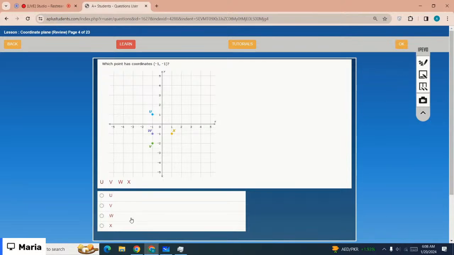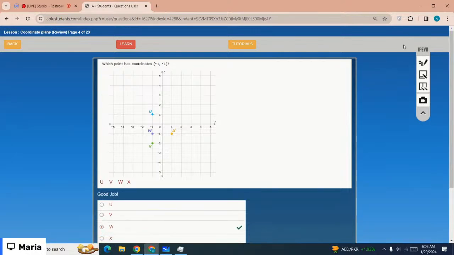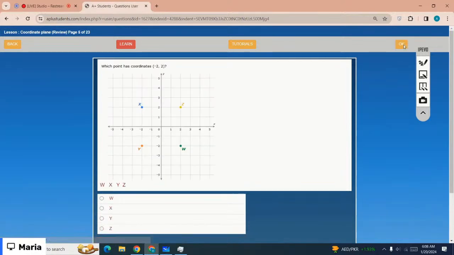That is W, which has the coordinate -1 and -1. Which point has the coordinate -2, 2?